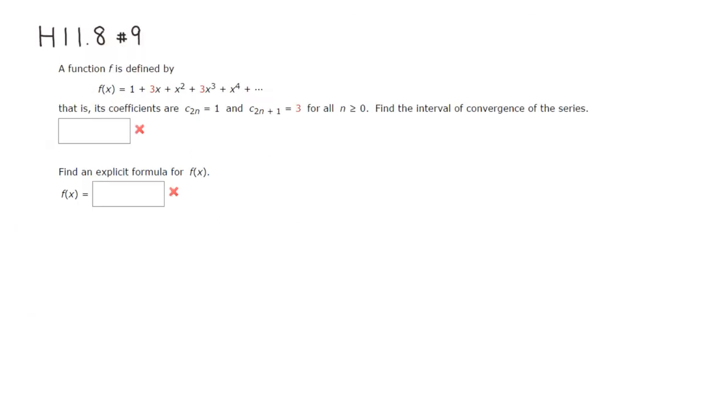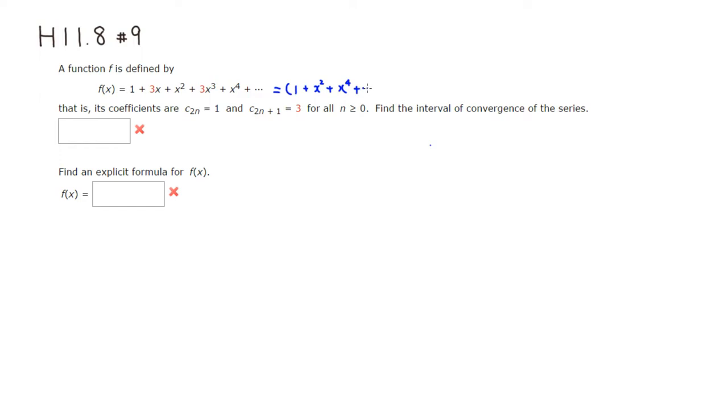First thing I would do is separate the odd terms and the even terms. So we can rewrite this as the even power terms: 1 plus x squared plus x to the 4th, and so on.